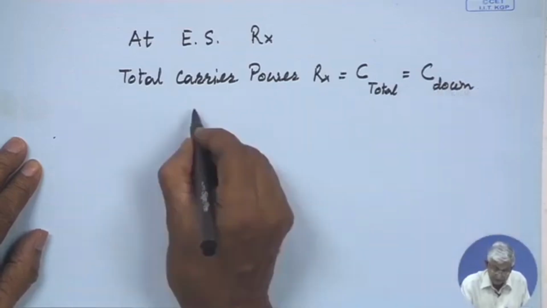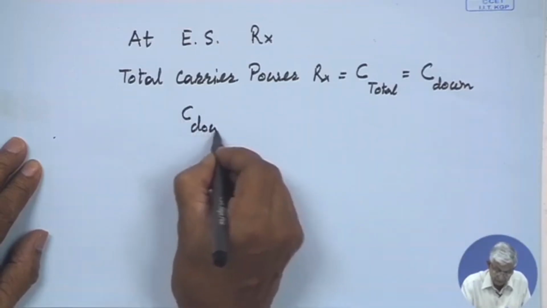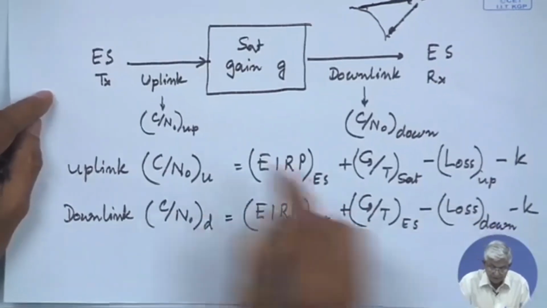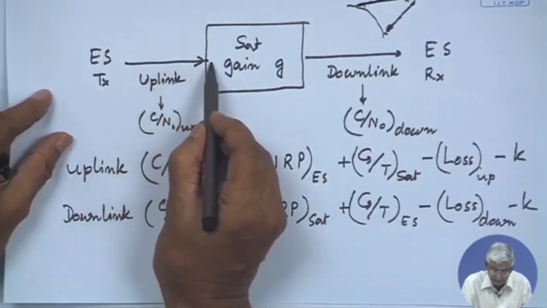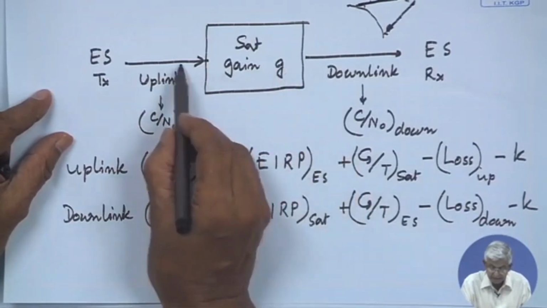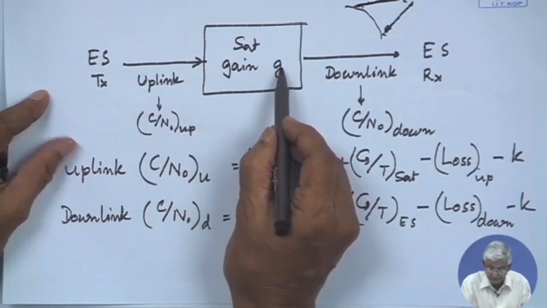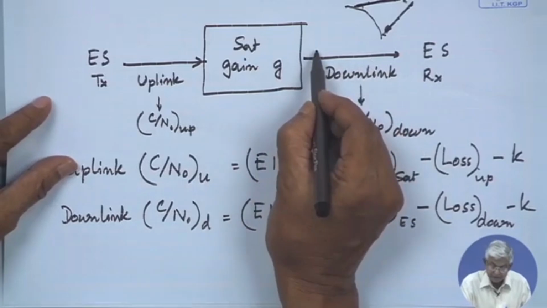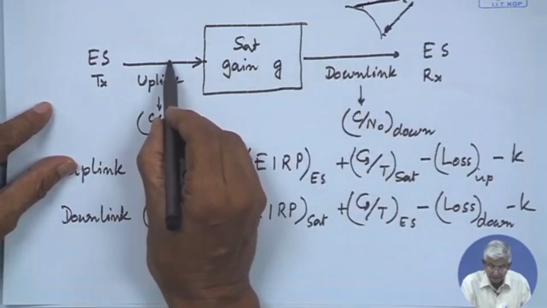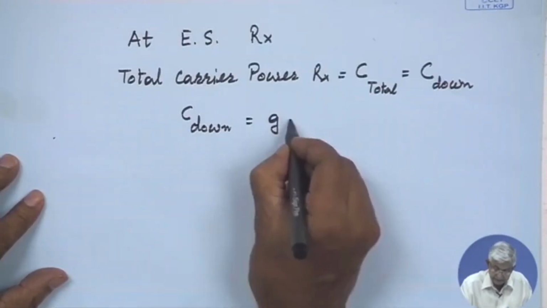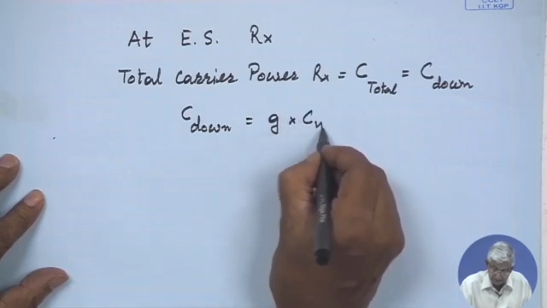Now, what is this C down? If you remember, we said that there is an uplink carrier going up and there is a satellite gain. That carrier power is amplified by this gain and pushed in the downlink. So, the C downlink is C uplink multiplied by the satellite gain. So, C downlink is satellite gain multiplied by C uplink.